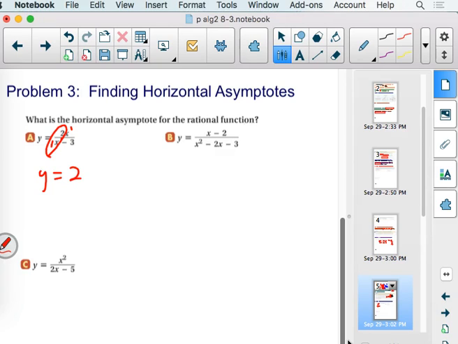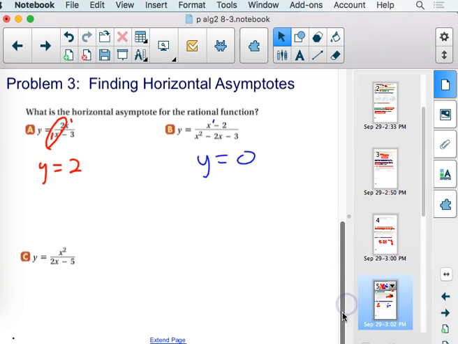All right, so it's about degree. Over here, that is x to the first. If the degree of the top is less than the degree of the bottom, then it's y equals 0. A 1 and a 2. Yeah, the degree of the top is less than the bottom. There it is, it's y equals 0.